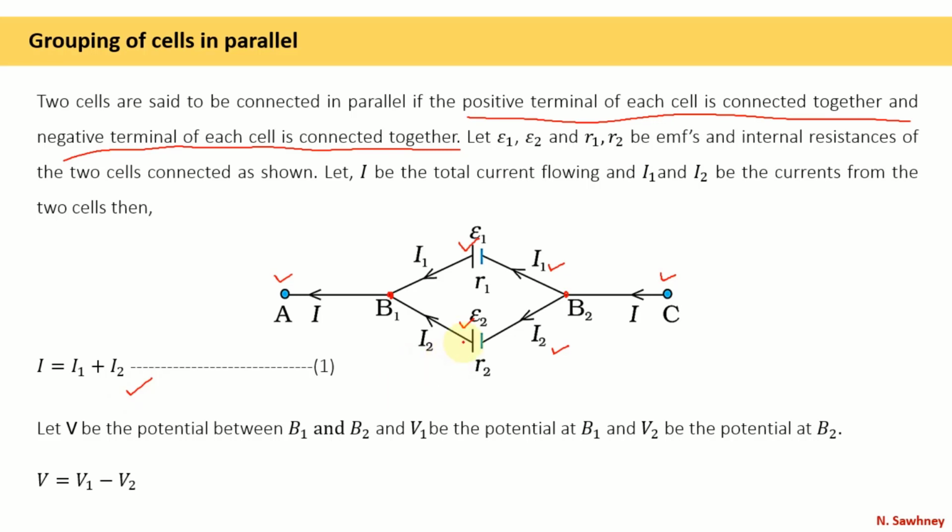Let V be the potential difference between the terminals B1 and B2, with V1 the potential at B1 and V2 the potential at B2. So the potential difference between B1 and B2 can be written as V is equal to V1 minus V2.